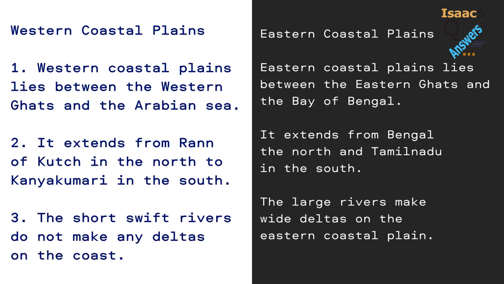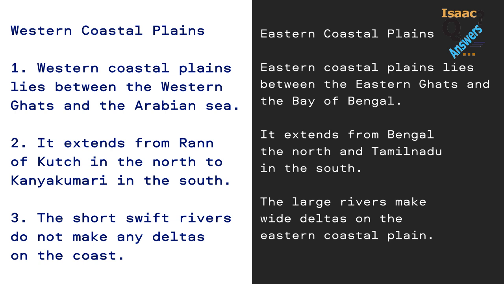Question number 3. Western coastal plains, Eastern coastal plains. Western coastal plains: 1. Lies between the Western Ghats and the Arabian Sea. Eastern coastal plains: Lies between the Eastern Ghats and the Bay of Bengal. 2.